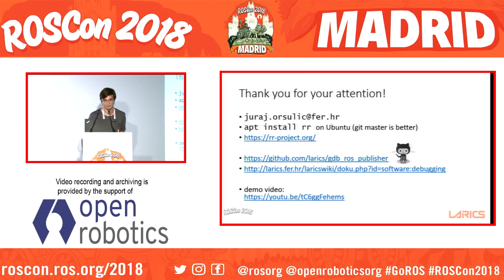The republishing script is on GitHub, so it's a GDB hook. A proper thing to do would be to integrate a plug-in system into RR for reproducing side effects of replayed processes. So currently, the only thing you get is the standard output.